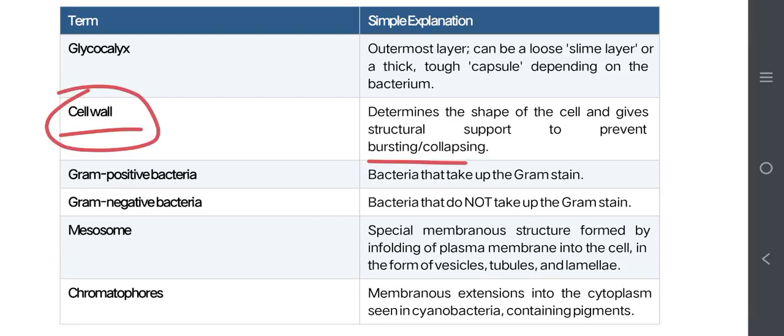Then you can go with bursting and collapsing. One of the main points.